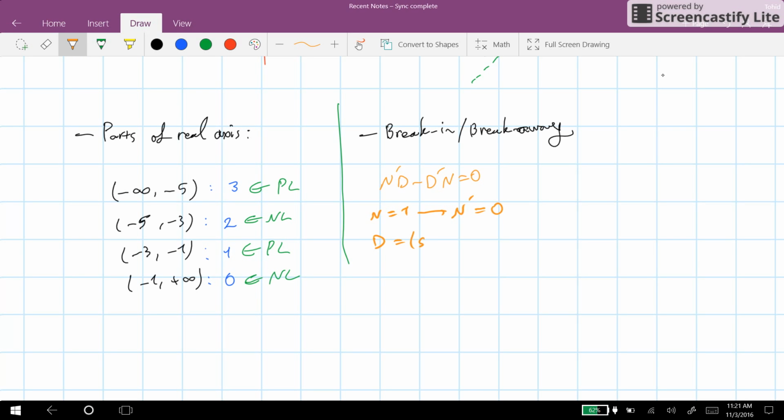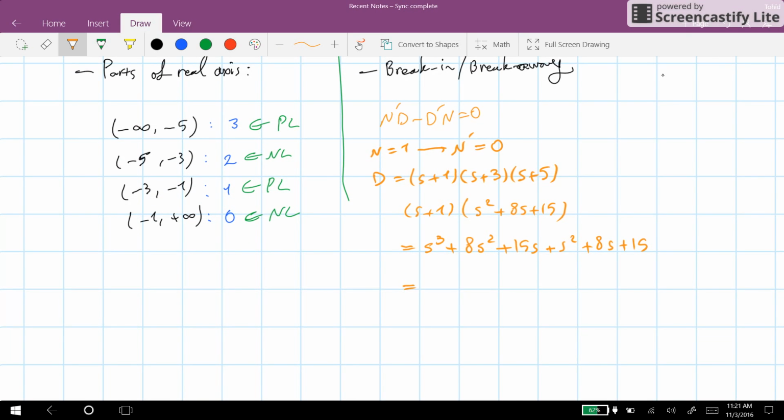D is given as s plus 1 times s plus 3 times s plus 5, and it can be expanded to s plus 1 times s squared plus 8s plus 15, or it could be written again as s to the power of 3, plus 8s squared plus 15s plus s squared plus 8s plus 15.